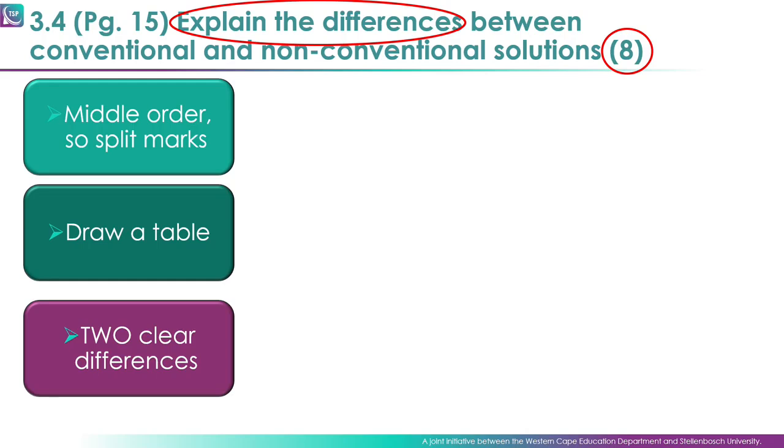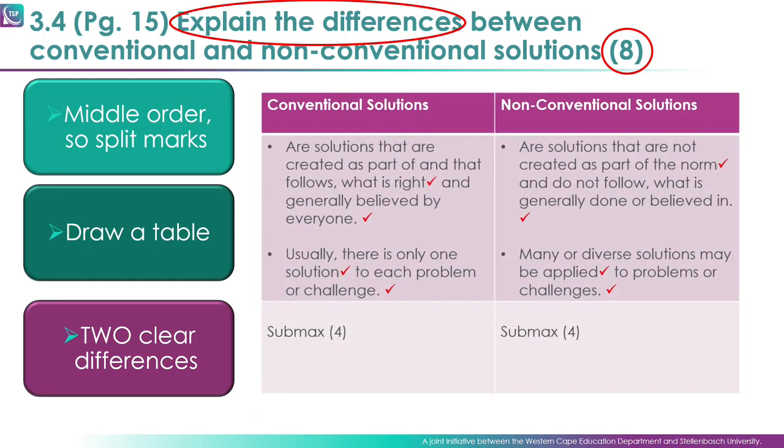Right, so that indicates that there needs to be two clear differences provided. If it's 4 marks, then it would be 1 clear difference. All right, so this example has 8 marks, and as you can see in the answer, there's a submax of 4 given for the explanations of each.